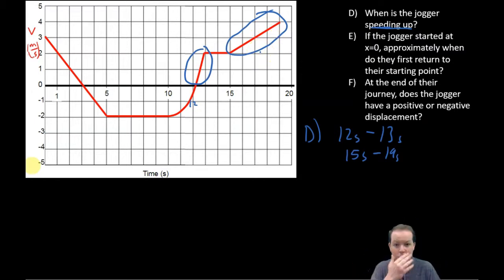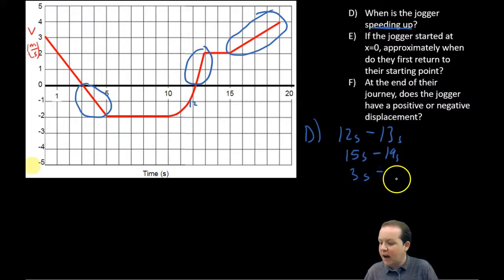There's one more. Maybe you missed one. The jogger is also speeding up right here, from a time of 3 seconds to a time of 5 seconds. Now, how is that? The velocity is negative. How could you be speeding up? Well, they're also accelerating in the negative direction.